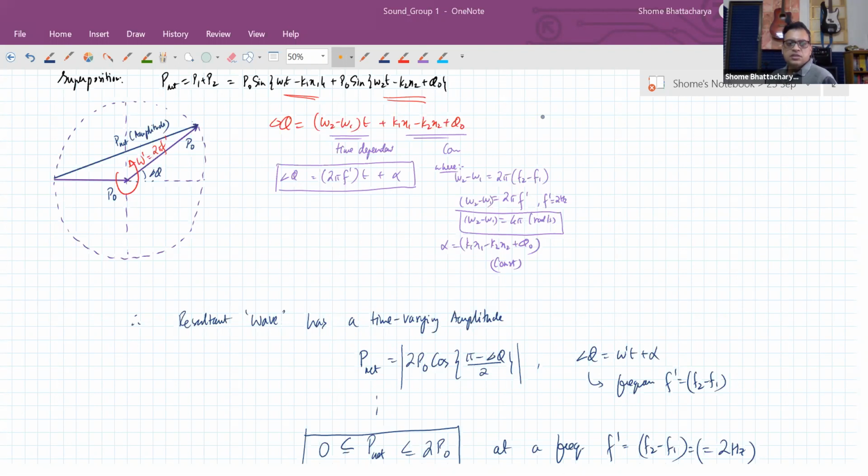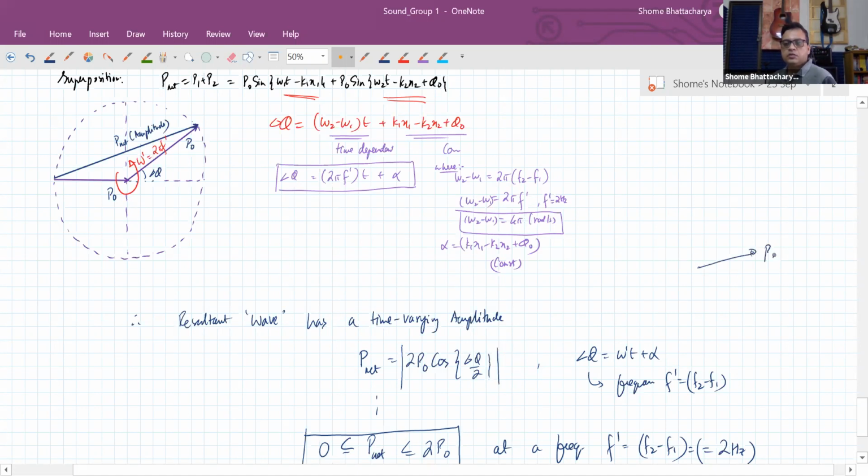No, this will be cos. Now here I am using this formula beta that. Oh, acha, sorry. Yeah, the angle between the two is this. So it will not be pi by 2 minus, it will be just phi by 2. Yeah, my mistake. The two phasors we are adding now, they are like this.